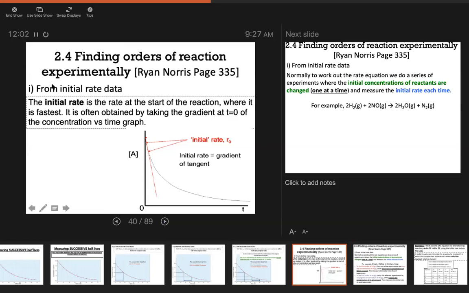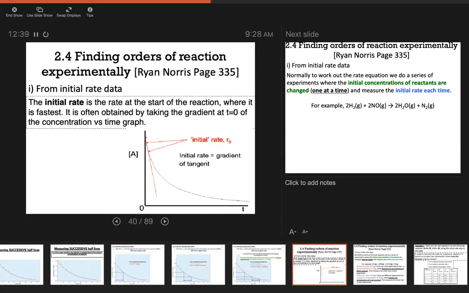I've already mentioned initial rate earlier during this lesson, but just to recap, the initial rate for a reaction is the rate at the start of the reaction where it is the fastest. It is often obtained by taking the gradient at t equals 0 of the concentration time graph. So if you want to know the initial rate, you have to find the rate from a concentration time graph just after t equals 0.